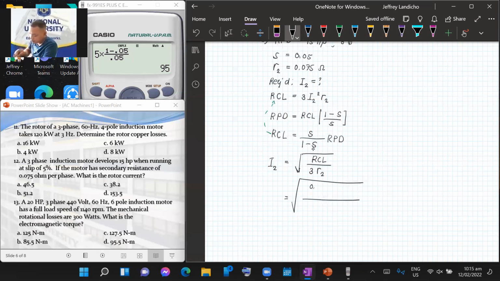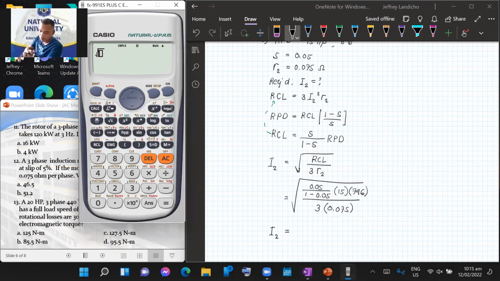So, S is 0.05. 1 minus 0.05. RPD, tignan si RPD, 15. Gawin natin watts. Kaya meron ako 746. Sa baba, 3 times si R2, 0.075. So, meron tayong rotor current I2. Okay?